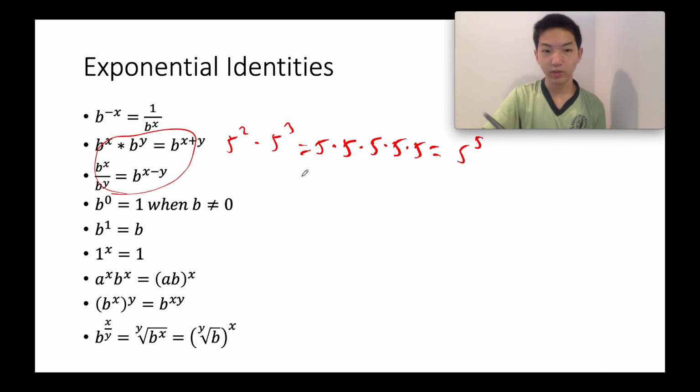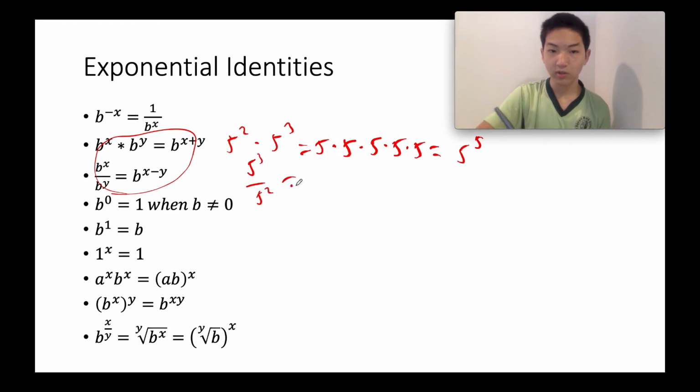So that's why that one works. And this one is just in reverse. If you had 5 to the 3rd divided by 5 squared, that'd be equal to 5 times 5 times 5 divided by 5 times 5. So you can just cancel those out and you just get 5.